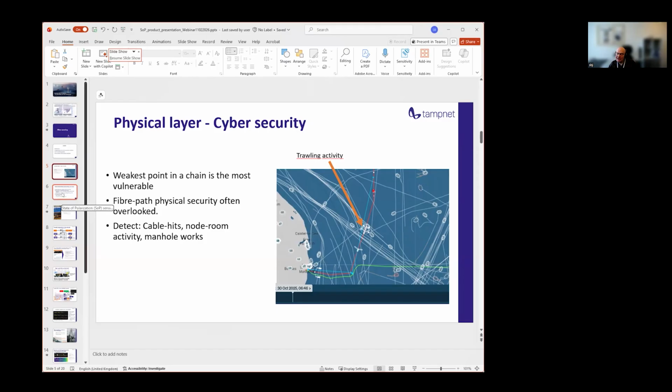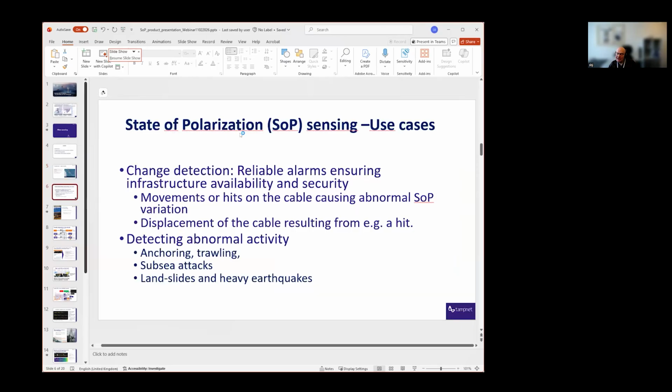So we need to detect that change detection. So we are looking at changes in the optical path along the infrastructure, the physical changes, and we are getting reliable alarms from our instrument whenever there is some movements or hits on the cable caused by abnormal polarization variations.